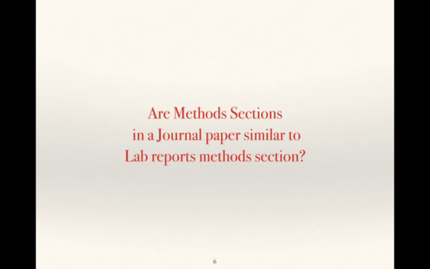We will talk about this again later on in more detail, but now it's time for you to write what other purposes the method section in a journal paper serves. Pause the video and take your time to write down your thoughts.